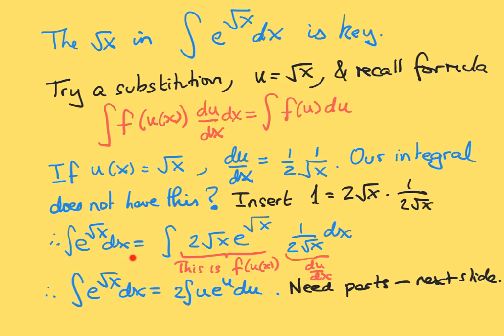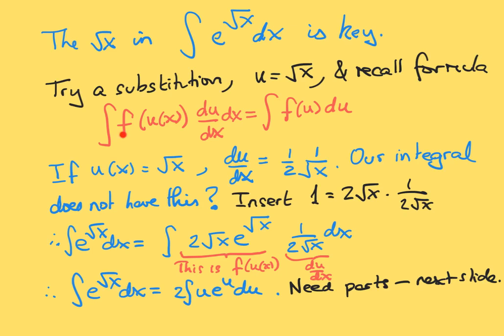So our integral is the integral of 2 times the square root of x, this factor, times the e to the root x that was already there, multiplied by 1 over 2 times the square root of x in the denominator here. And when we look at this, this is the du/dx factor that we need for a substitution, and this is our new integrand.